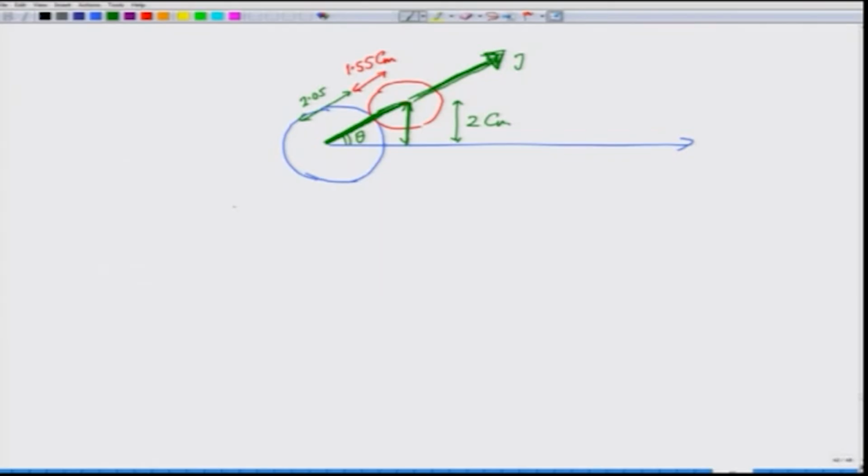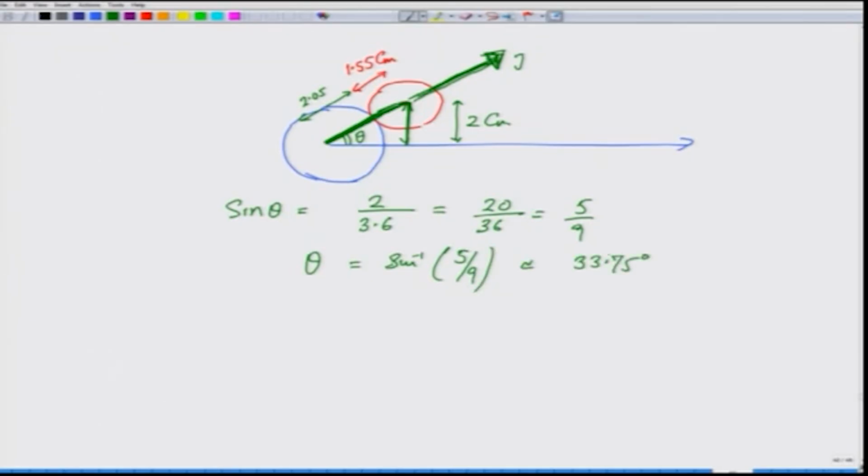So, you immediately have sine of theta is equal to 2 over 3.6, which is 20 over 36 or 5/9. So, theta at which the coin is going to move is sine inverse of 5/9, which is roughly 33.75 degrees. So, we already know that the coin is going to move at an angle 33.75 degrees from the x axis.